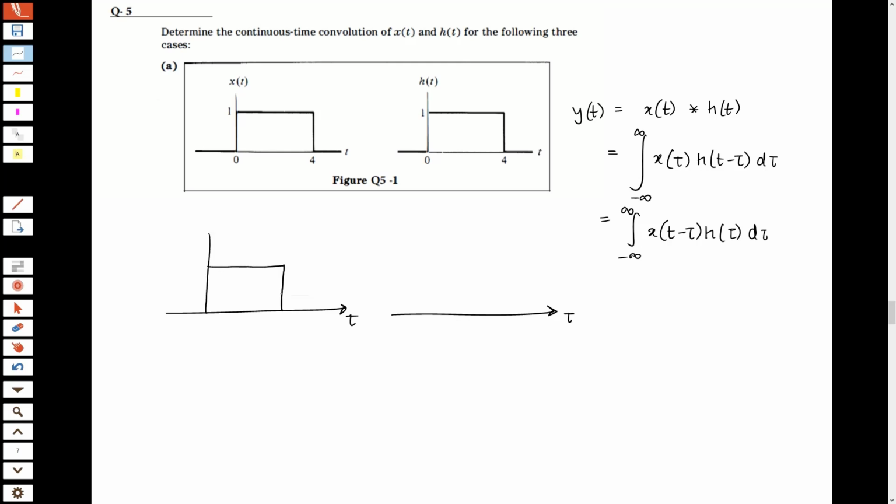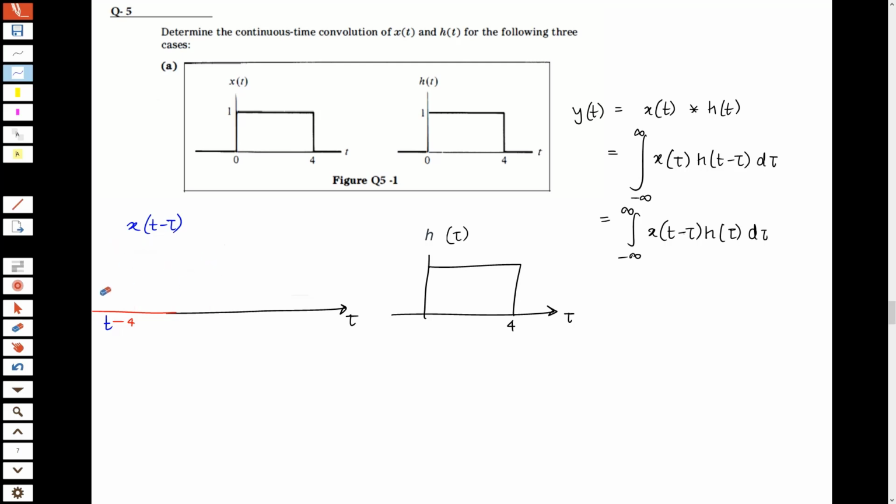So this is x of tau. I'm choosing x to reflect and shift. If this is x of tau, this is x of minus tau. And if this is x of minus tau, then in general, for t minus tau you would have had x of, instead of just minus 4, t minus 4.